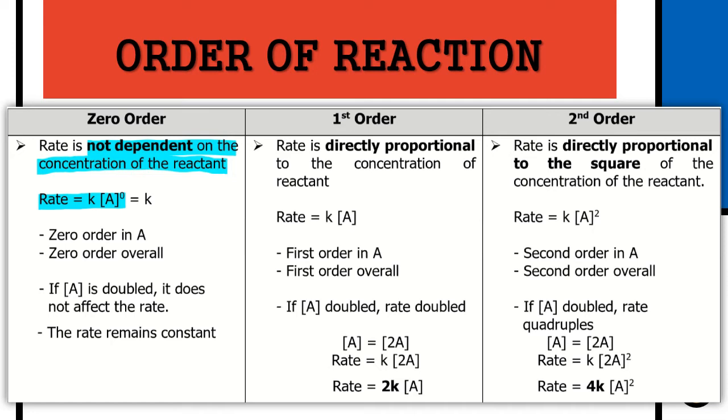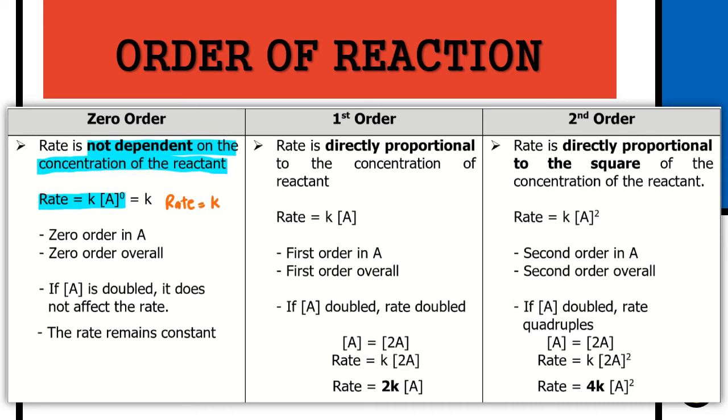So we can also write the rate law as rate equals K, meaning the rate of reaction only depends on the rate constant. Or we can say that by changing the concentration of the reactants, it will not affect the rate of reaction at all.